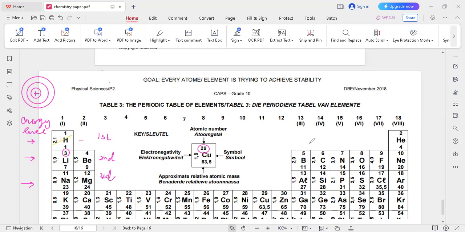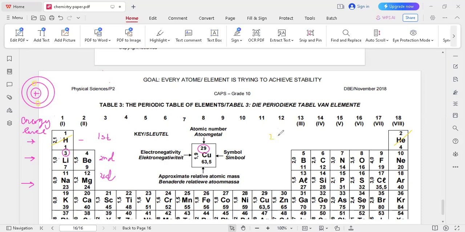Look at the first energy level. We won't count the nucleus. This is not an energy level, just a small nucleus. The first energy level has a maximum of 2 electrons. If you put 3 or 4 electrons here, it will be marked wrong, because the first energy level can only carry a maximum of 2 electrons.